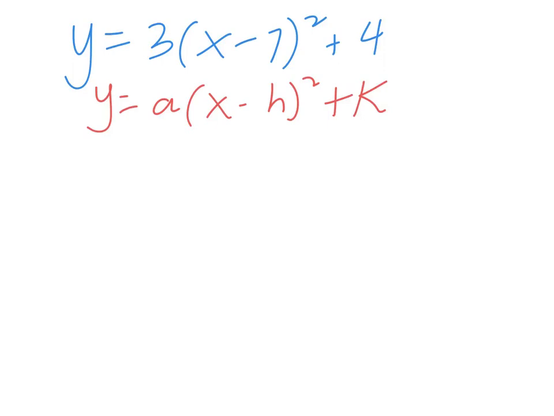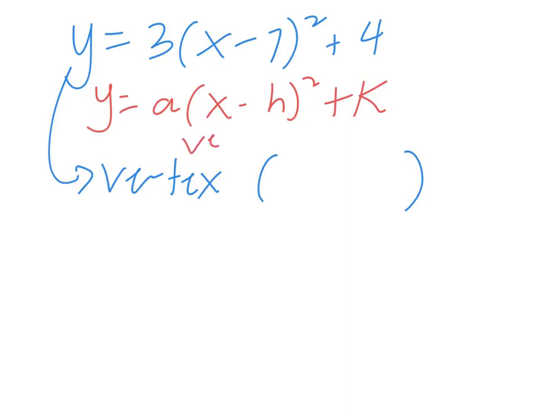I want to pull out the vertex for this particular equation. And so as you're looking at it, hopefully you're starting to figure out what it should be. Since the vertex is just hk, what would be the h for this equation here?